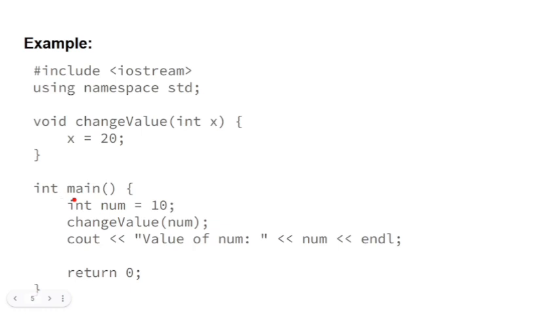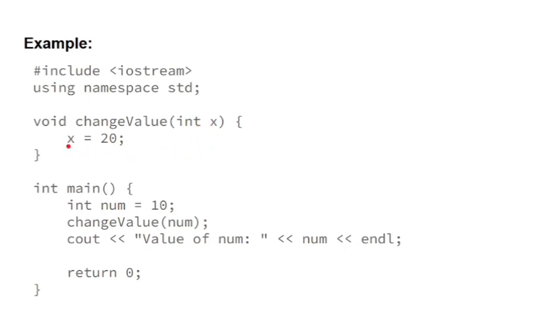And in the main function, we have the number num that is equal to 10. Now we know that num is holding 10, and then we call the function changeValue. Basically, the number 10 is passed to this variable, so the value it has is now 10.